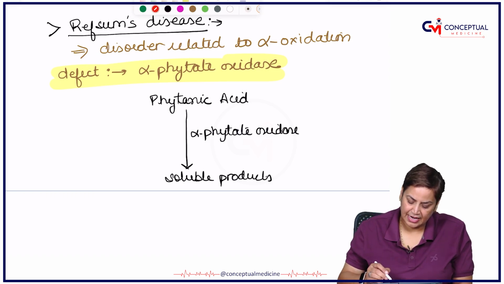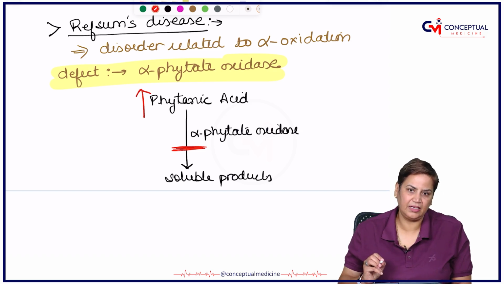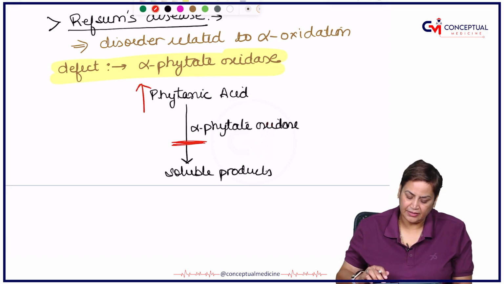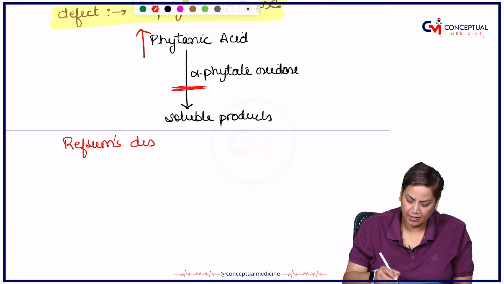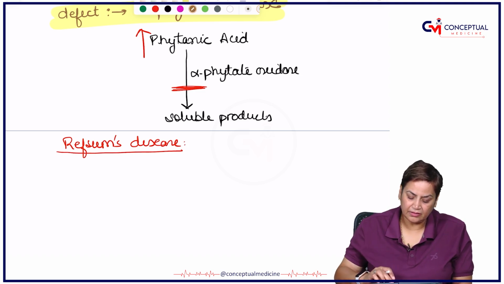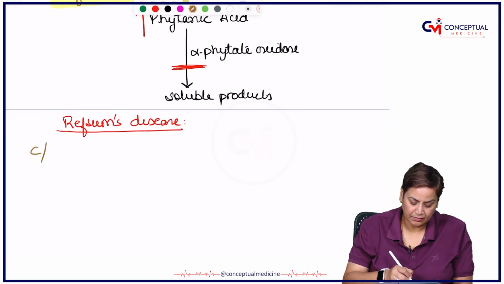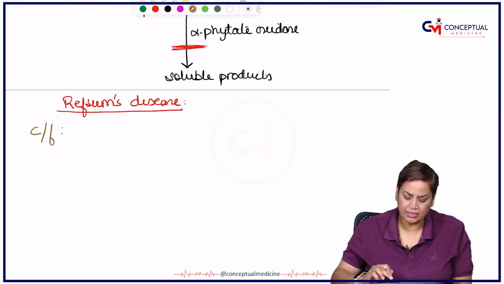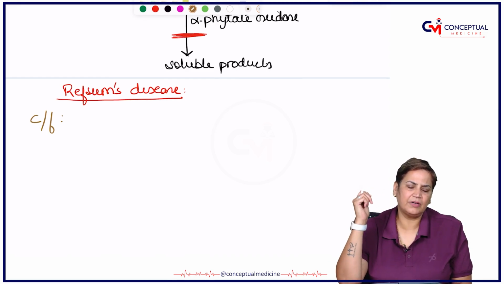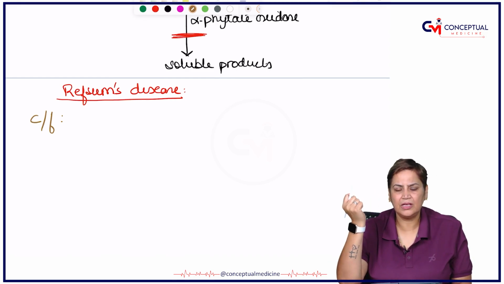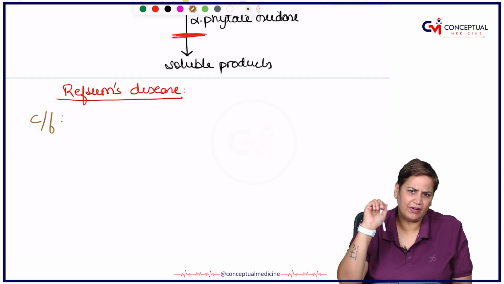So, if this is lacking, it will lead to the increased concentration of phytanic acid, and this will lead to Refsum's disease. And if we talk about the clinical features, it will be difficult for the person suffering from Refsum's disease to digest green leafy vegetables or anything related with phytanic acid.